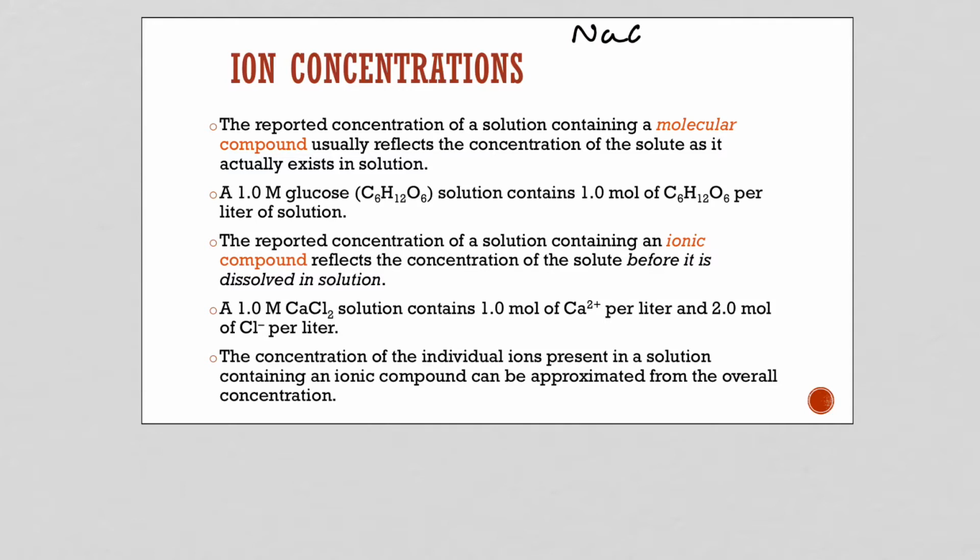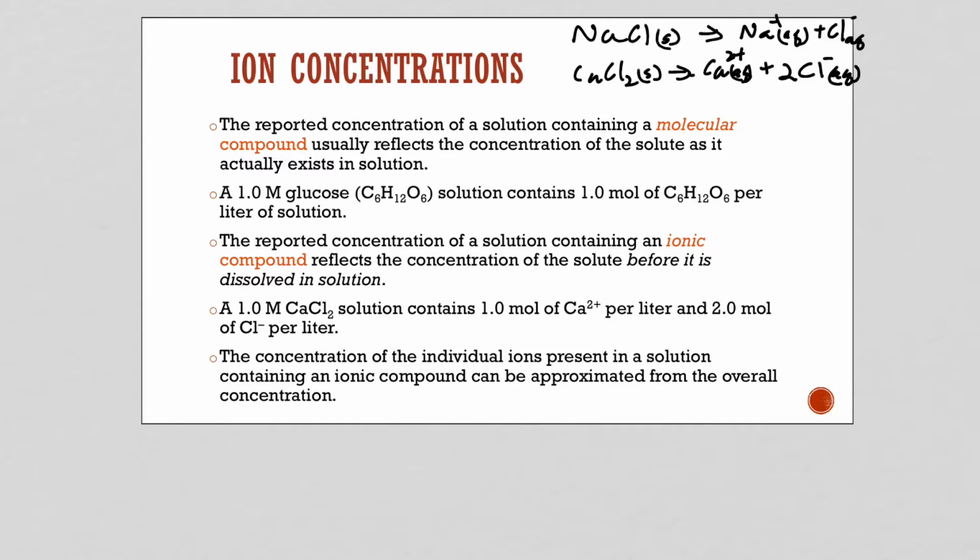So I got sodium chloride, solid, calcium chloride, solid. This is going to break down into sodium ions and chloride ions. This is going to break down into calcium 2+ ions and 2 Cl- ions.